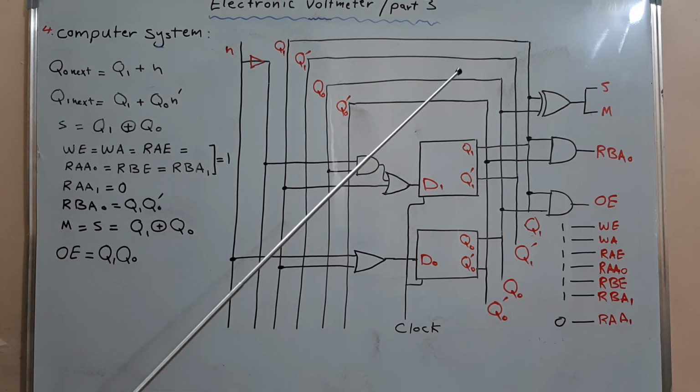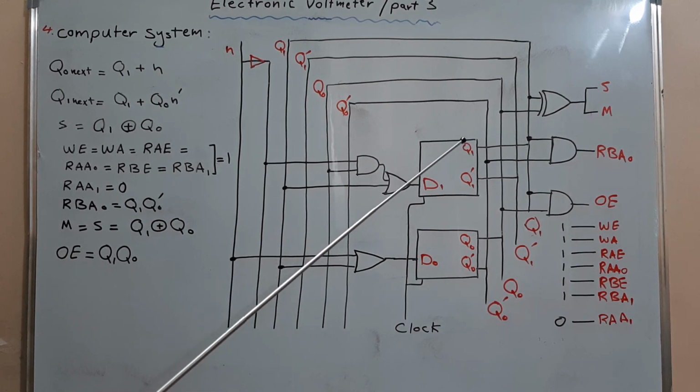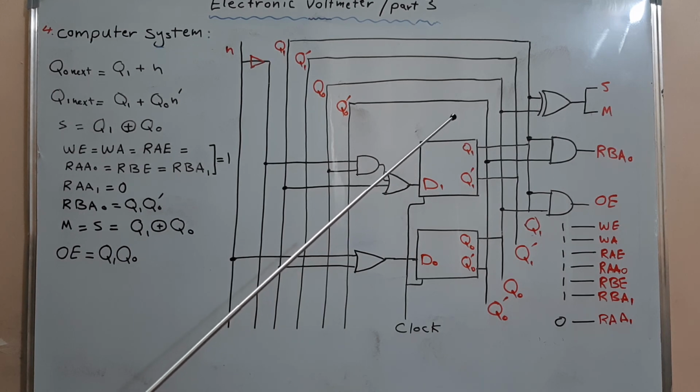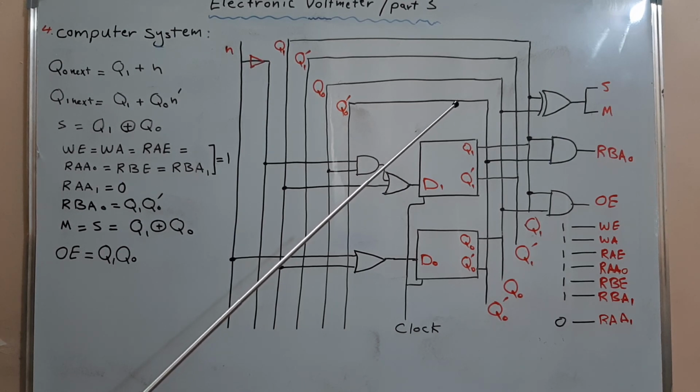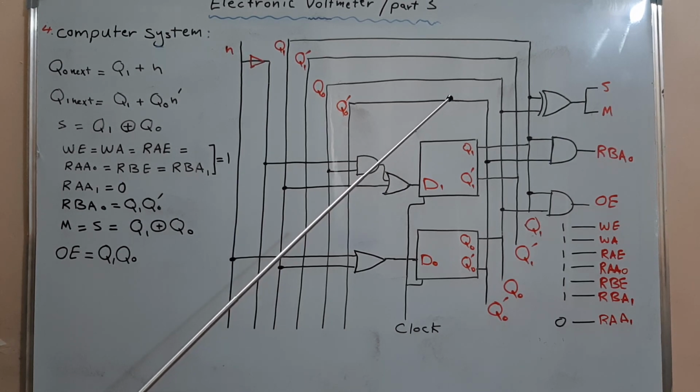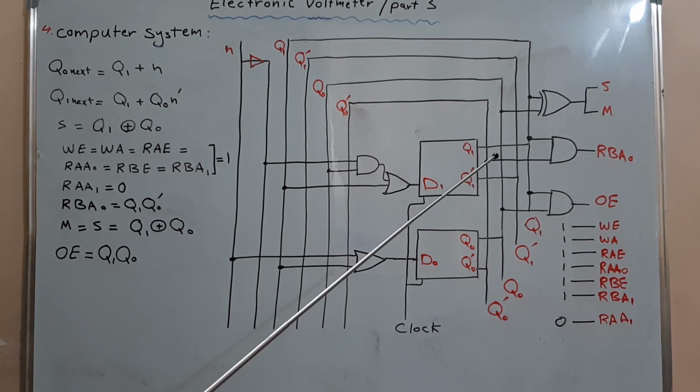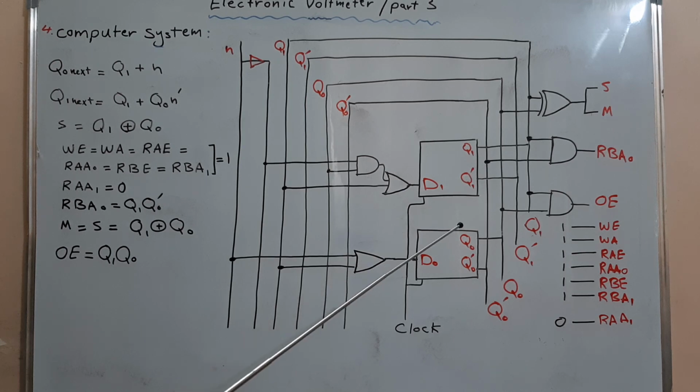The values of S and M are equal to each other, and they will be equal to 1 whenever Q1 is 1 and Q0 is 0, or Q1 is 0 and Q0 is 1. The value of RBA0 is equal to 1 whenever Q1 is 1 and Q0 is 0, and the value of OE is equal to 1 whenever Q1 is 1 and Q0 is 1. These values are always 1 and RAA1 is equal to 0.